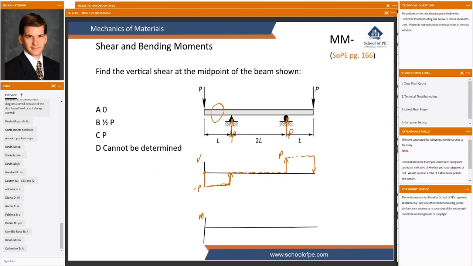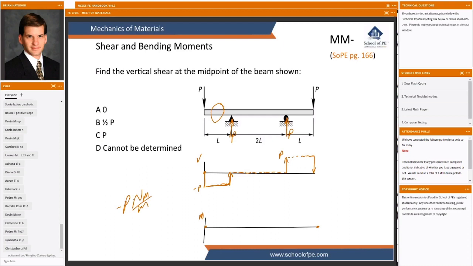How about the moment diagram? Is anyone trying to twist the left-hand side or the right-hand side of this beam off? If not, I'll start and end at 0. And what should the initial slope of my moment diagram be? Well, at least I got one answer. Not P times L, it's going to be negative P newtons, which means P newton meters per meter.